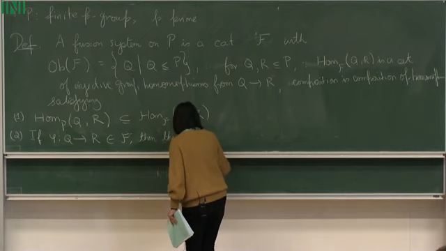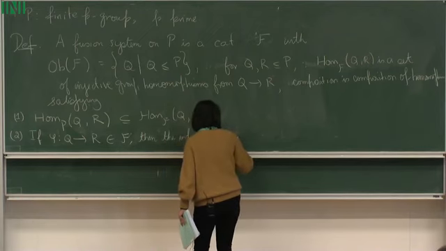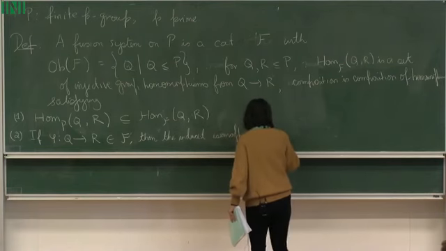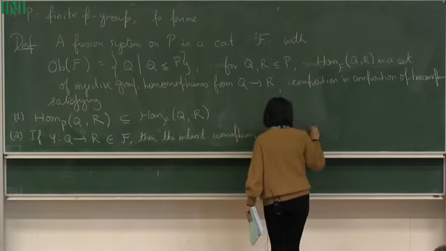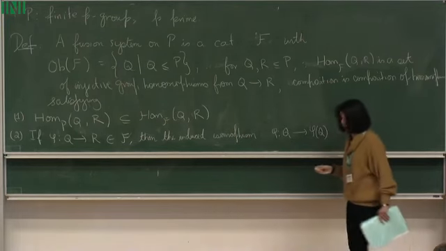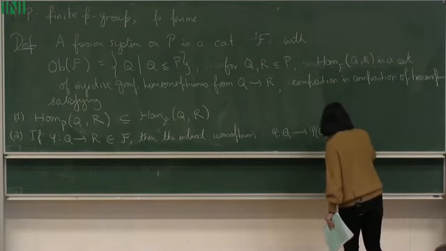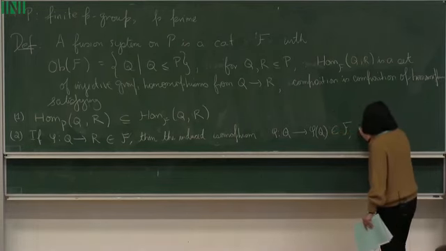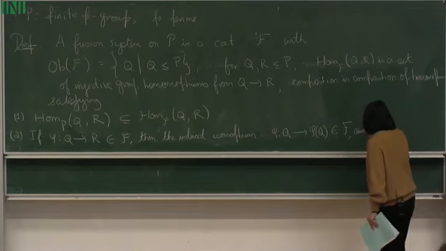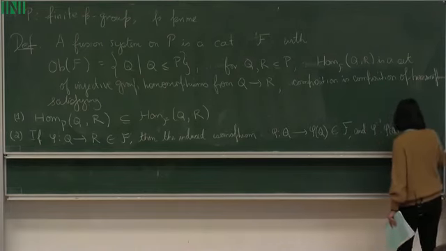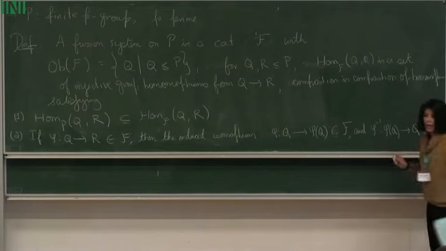So then you get induced isomorphisms from Q to the image, which is again a subgroup of P. So this also belongs to the isomorphisms in F, and the inverse, where you go from phi of Q to Q, is also in F.